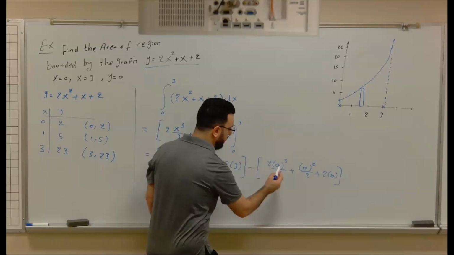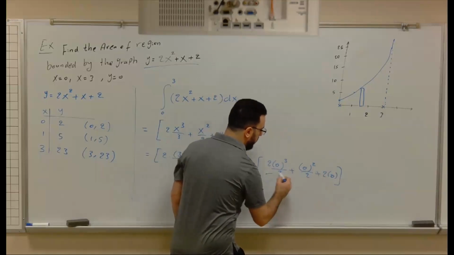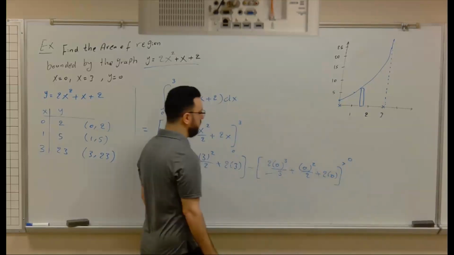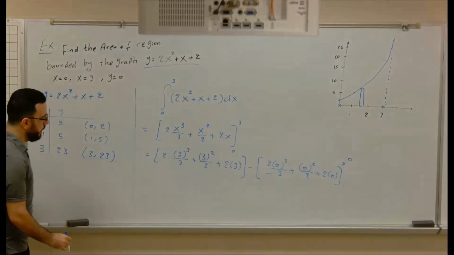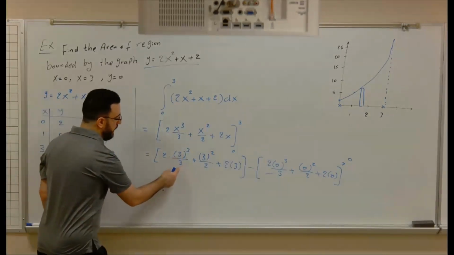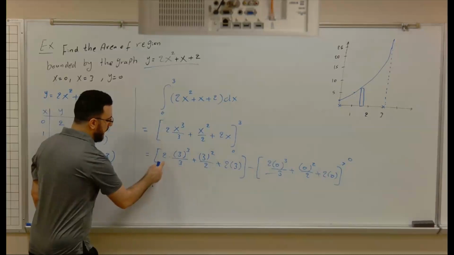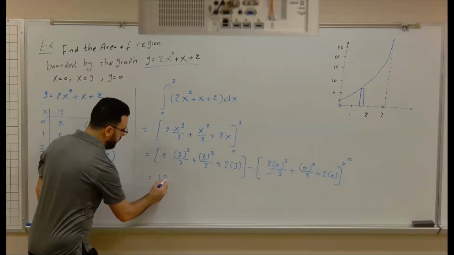Check the second part, the first term is 0, so everything is going to be 0. Now this one, 27 divided by 3 is going to be 9. 9 times 2, 18.